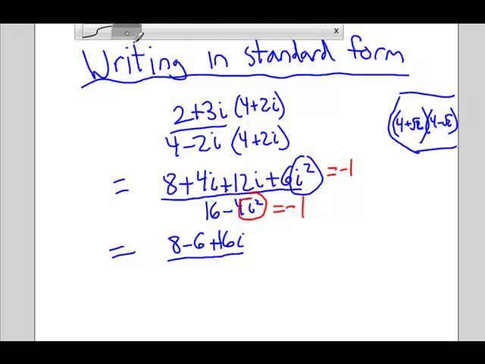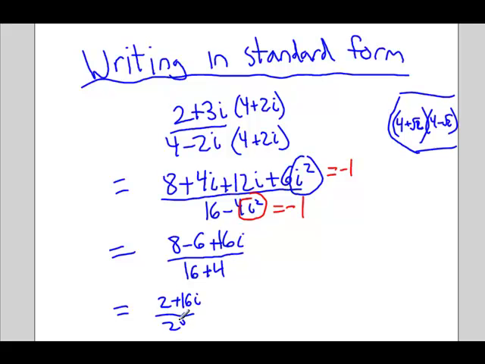So on the bottom, we end up with 16 plus 4. So we get 2 plus 16i over 20.